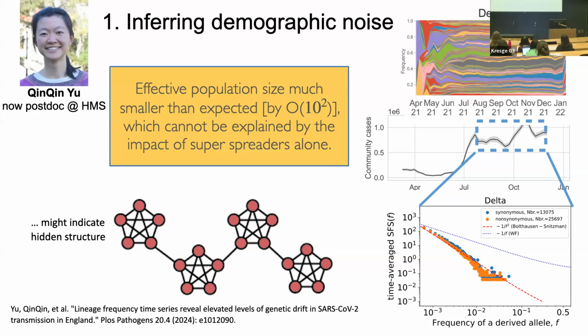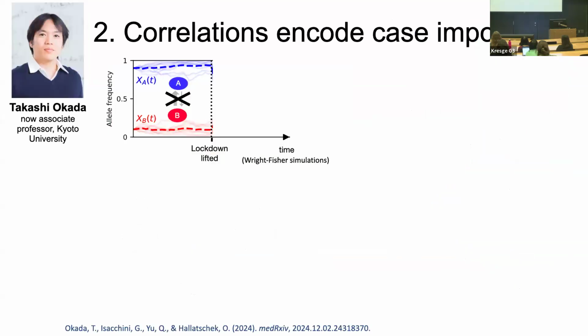And I'd love to have even more labels than just locations, different population groups, because it turns out you can learn about how cases are being imported between population groups if you have those labels. And I want on this slide just to give you the very basic idea of where the signal is coming from. Then it becomes a bit more mathematical, but it's all going back to this very basic idea.